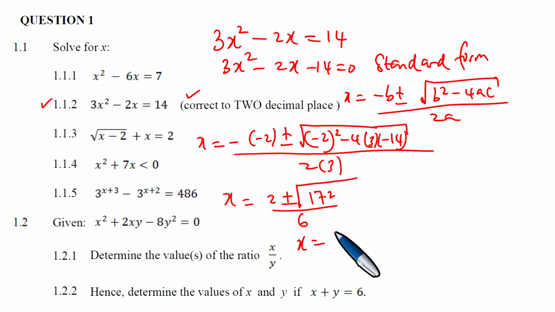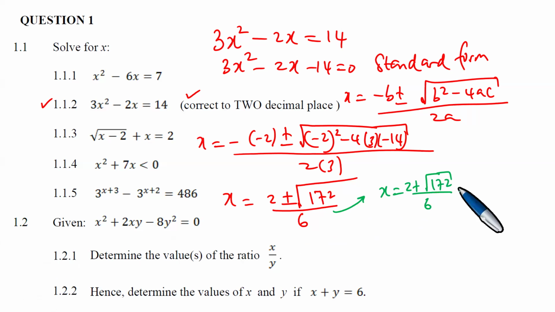You're able to see, therefore, that x is 2 plus the square root of 172 over 6, or x equals 2 minus the square root of 172 over 6. And therefore, what is the answer here?